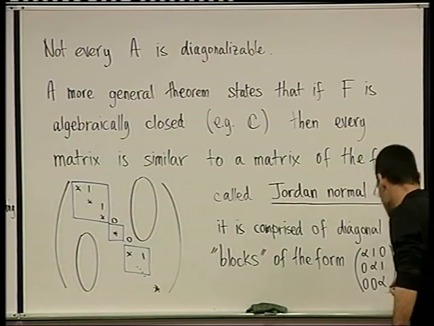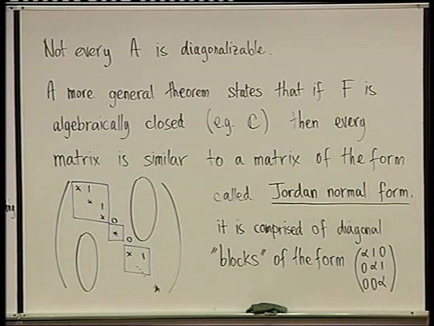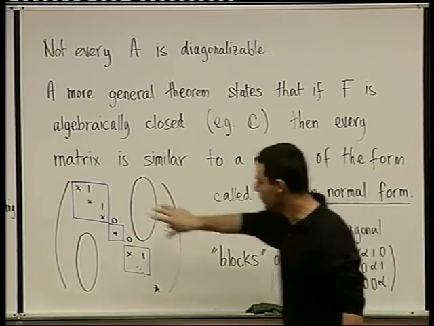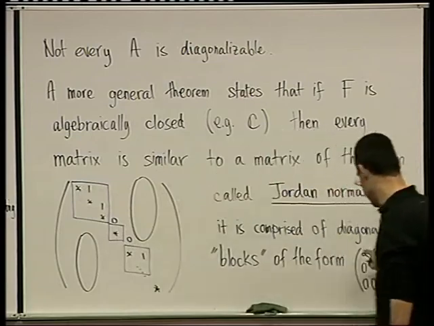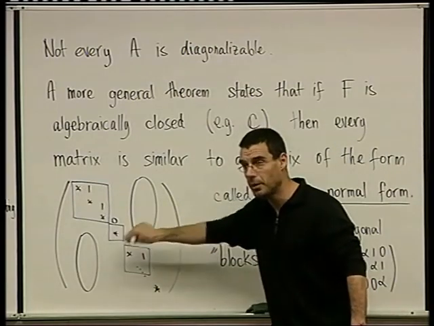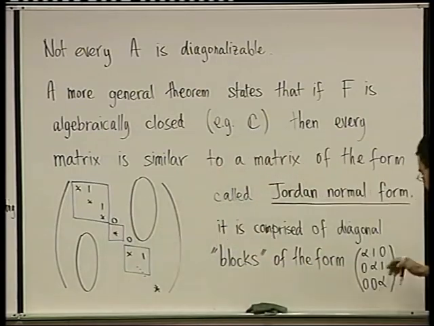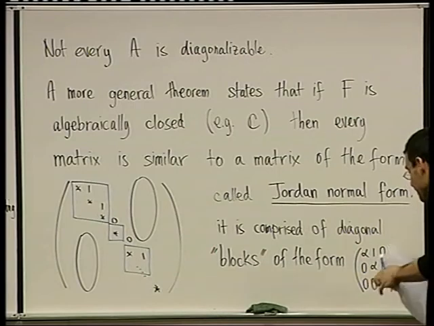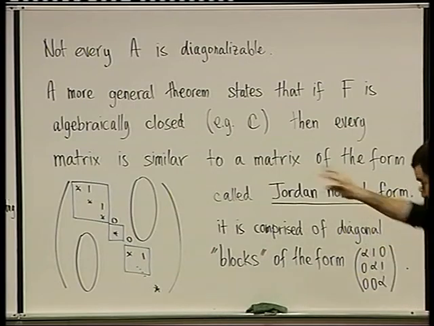This is called a Jordan block, and it's these little blocks that sit along the diagonal. If alpha has multiplicity 1, then it's going to be a 1-by-1 block with no ones. Within a block, it's all the same alpha. On the different blocks, it's different alphas.